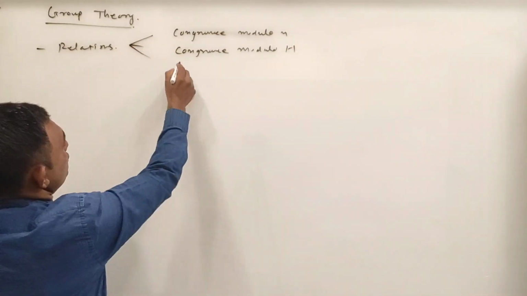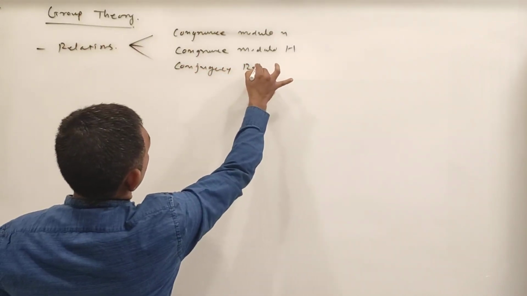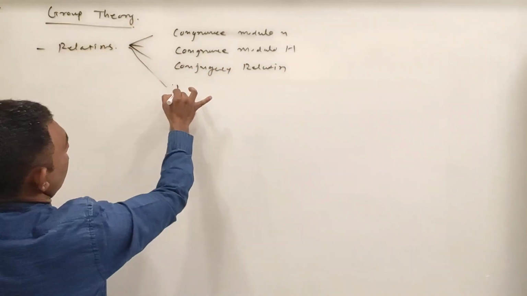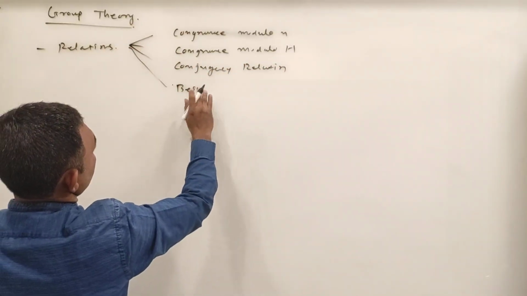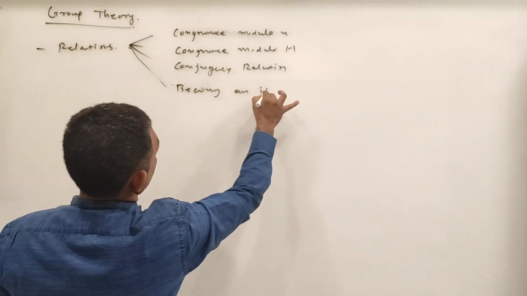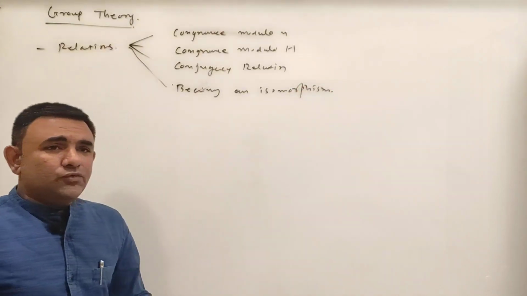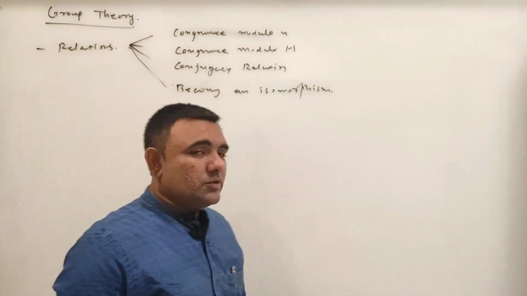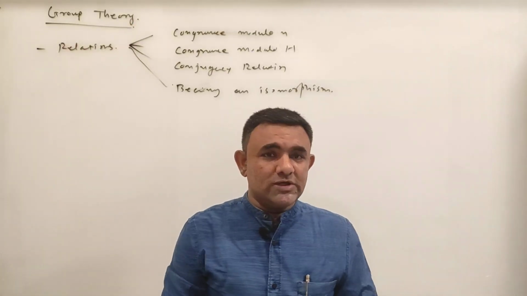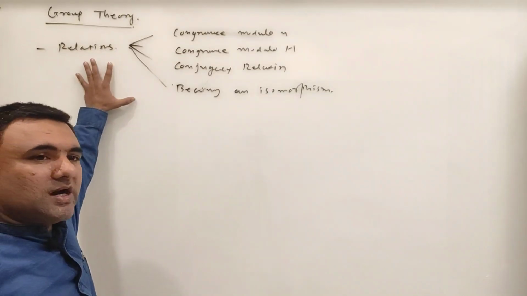The third relation is the conjugacy relation, and the fourth relation is being isomorphic. See, if you properly understand these four types of relations, then it will be very easy to understand group theory. So that's why we will start with the relations.